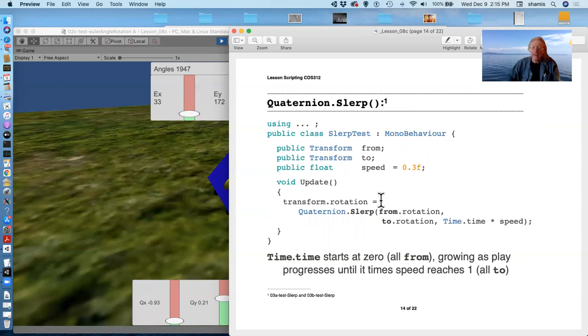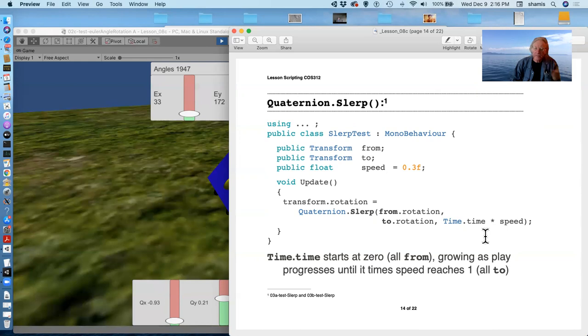So here's an example of slerp. We have a from rotation and a to rotation specified as two transforms that we're getting the rotation from. And the third parameter, t, is Time.time times the speed. So when we start this, time, of course, starts at 0. I'm scaling the increasing time by this speed variable.